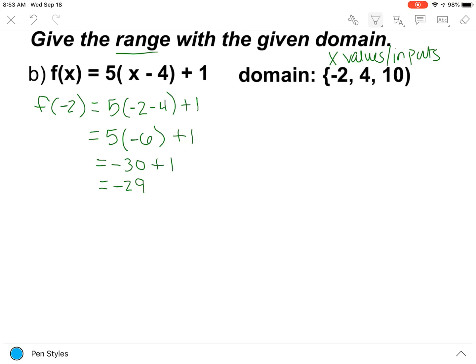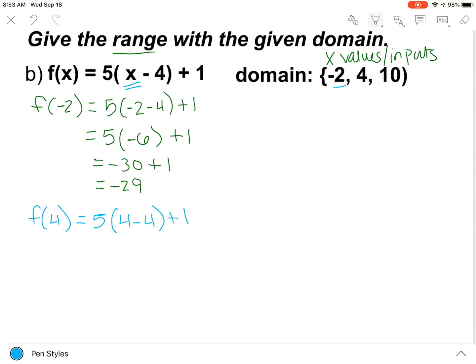Now would be a good time to pause and figure out f of 4 and f of 10 to make sure you really understand what's going on here. F of 4, we have 5 times (4 minus 4) plus 1. Again, all we're doing is replacing that x with whatever value is given to us in our domain. Well, 4 minus 4 is 0, so we have 5 times 0, which is just 0, and 0 plus 1 is 1.